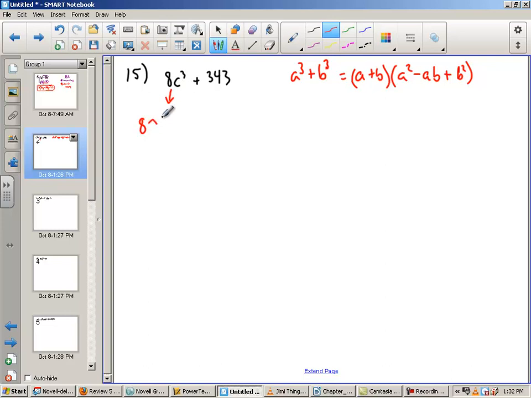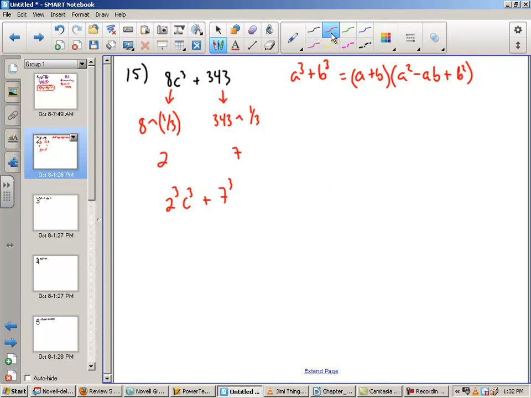8 raised to the 1/3, and in my calculator I might put parentheses around the 1/3 if I'm not sure. This should give me 2. And then 343 raised to the 1/3 should give me 7. What that means is that this is really 2 to the third c to the third plus 7 to the third.